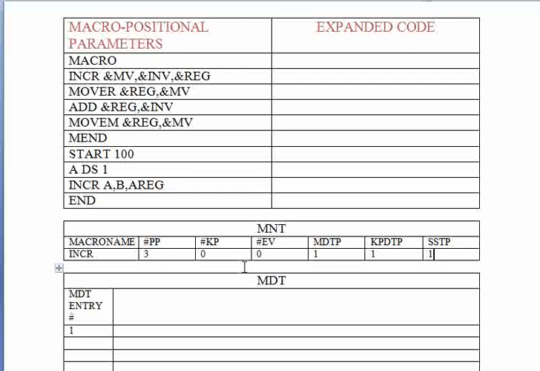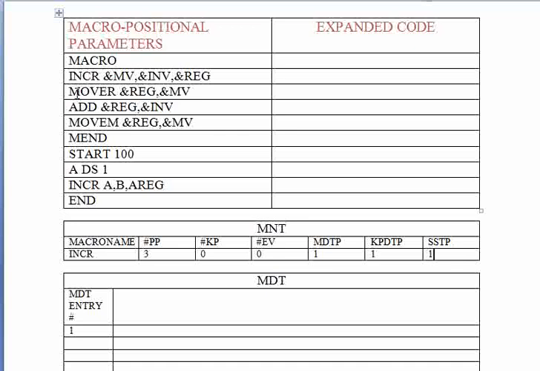So at the end of pass 1, we will check if there are any sequencing symbols and any keyword parameters, and if there are not, then this value is set to 0. We are following the algorithm prescribed by the author Dhamdhere in his book System Programming and Operating Systems.